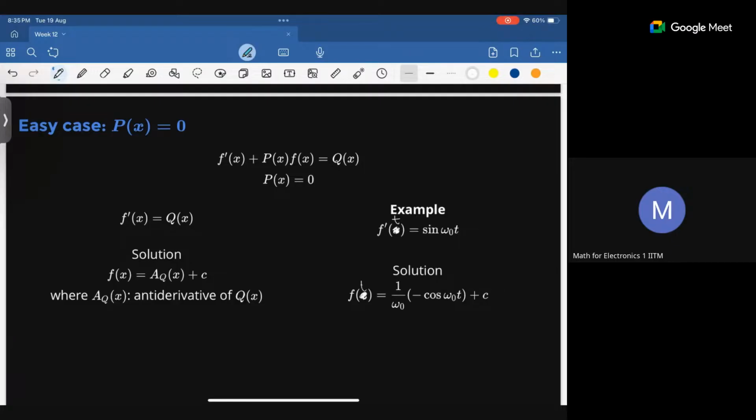Okay, so the variable is t. All we have to do is integrate on both sides. f prime of t will become f of t. And then since I am integrating sine omega naught t, we all know the integral of sine omega naught t is minus cos omega naught t divided by omega naught plus some constant c, as simple as that. So the easy case like p of x being 0 is very easy.